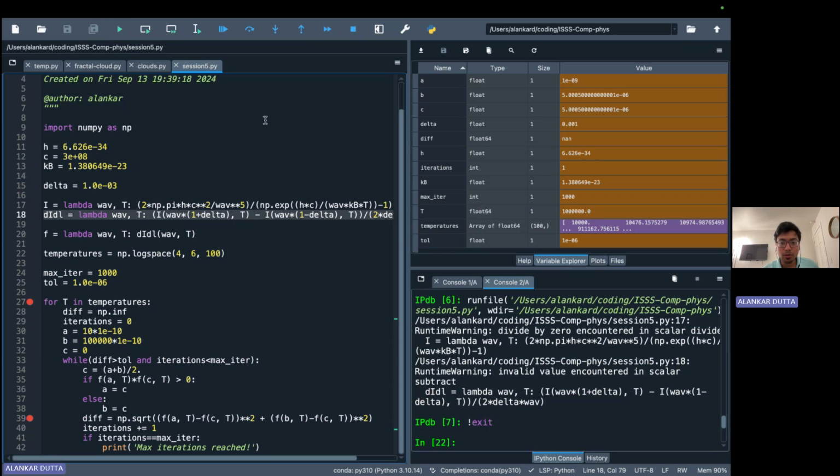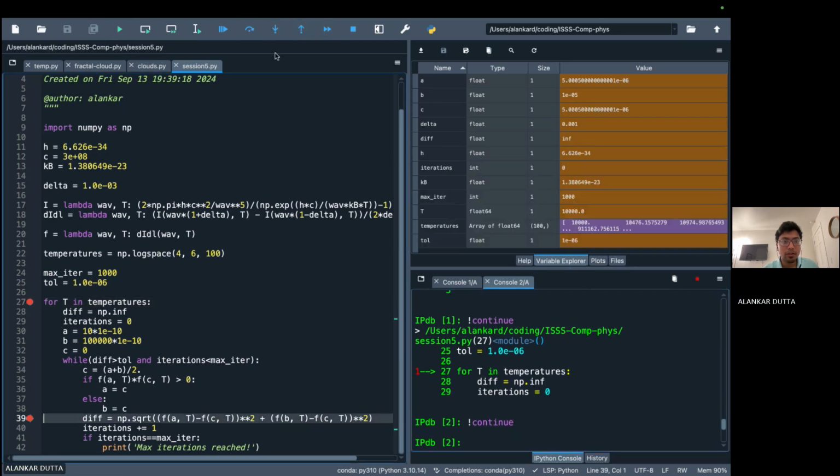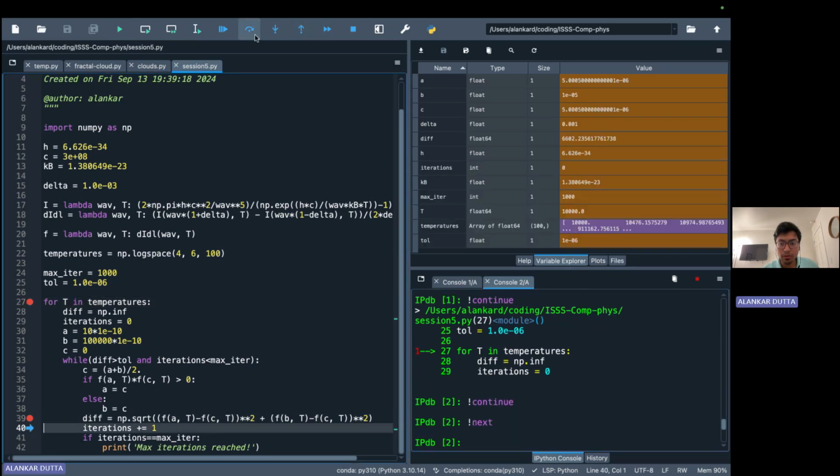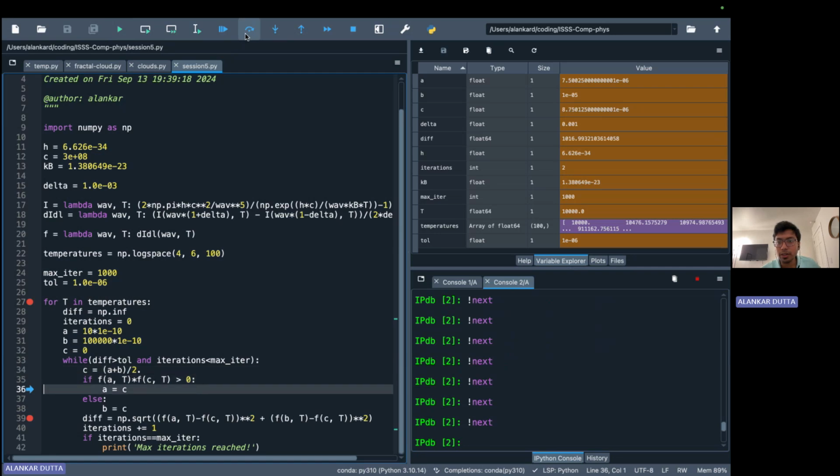Okay, let's stop the code, run it in here, and try to see. Okay, now at least this part runs, right? And I have some value for the diff, which is pretty large. I go in here. You see that the diff has decreased to 2016.